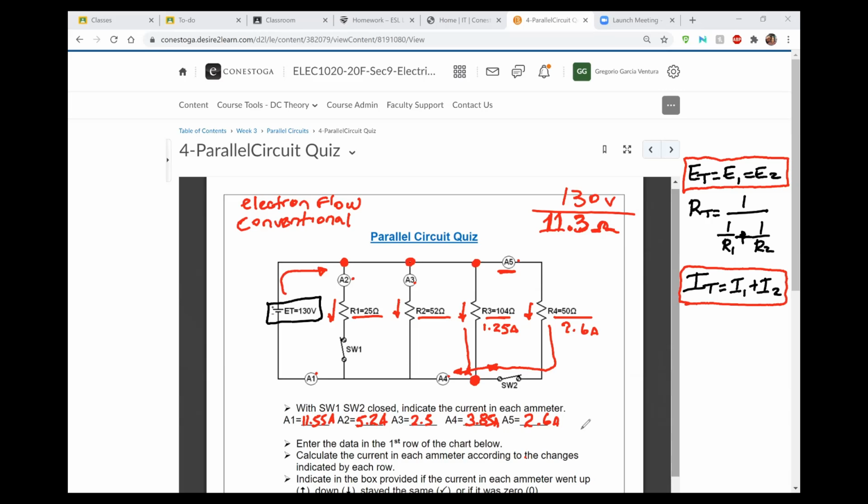Okay, perfect. So now it becomes very interesting once we open the table. Okay, so let's please keep these values in mind. I'm going to say that A1 was 11.55. I'm going to write them beside here because I don't want to lose these values.